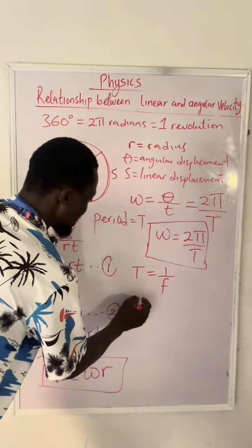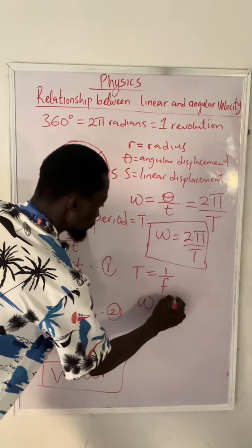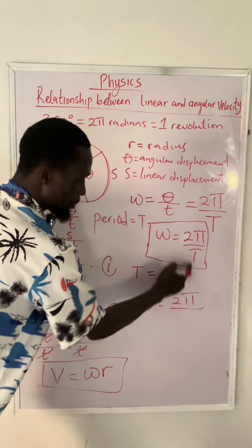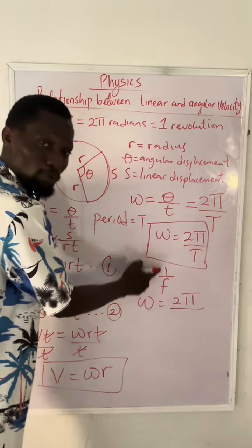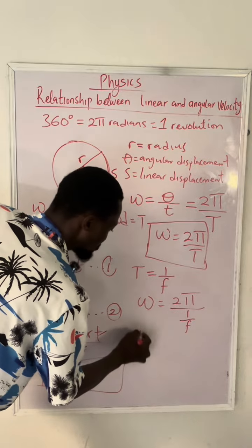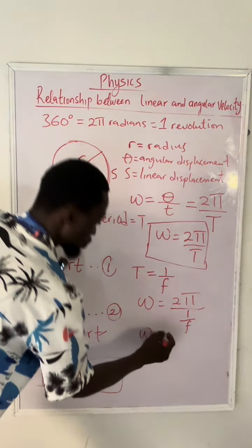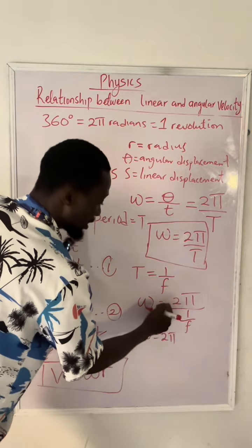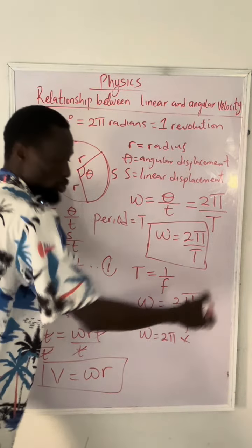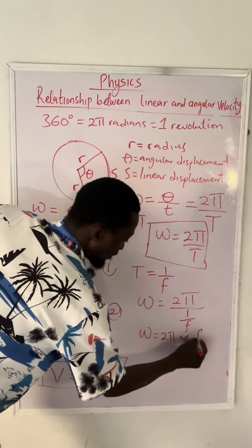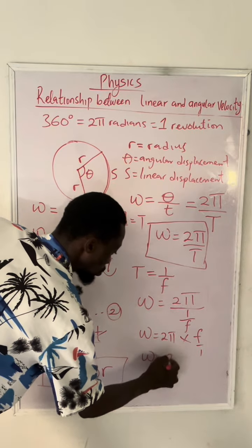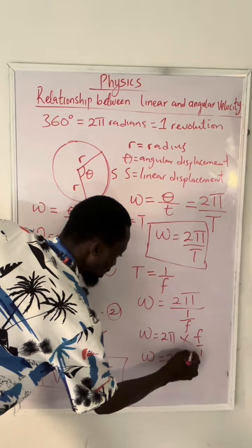So omega will now be equal to 2 pi over, instead of period, 1 over frequency. Remember, this division I can change to multiplication, and this fraction I'll turn upside down, that is going to be f over 1. So my angular velocity can also be equal to 2 pi f.